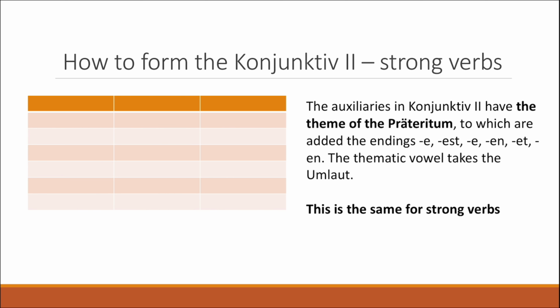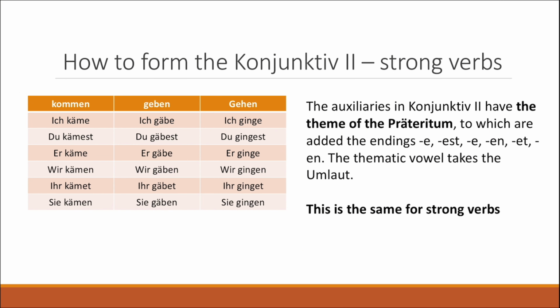Now let's talk about strong verbs. The auxiliaries in Konjunktiv II, as we already talked about, have the stem of the Präteritum, to which the following endings are added. And this is the same also for strong verbs. So for example, if we take the verb kommen, then the conjugation of the Konjunktiv II is going to be ich käme, du kämest, er käme, wir kämen, ihr kämet, sie kämen.